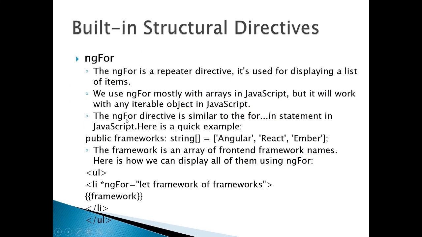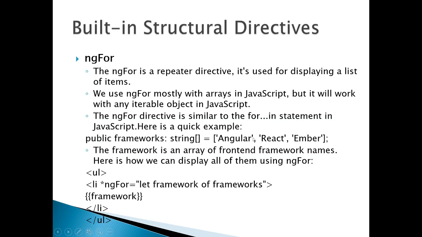We will see it. Let's take the example of ngFor. ngFor is a structural directive which is used just like a for loop. We can use it just as we use a for loop. In this, we are taking an example of an array of strings.